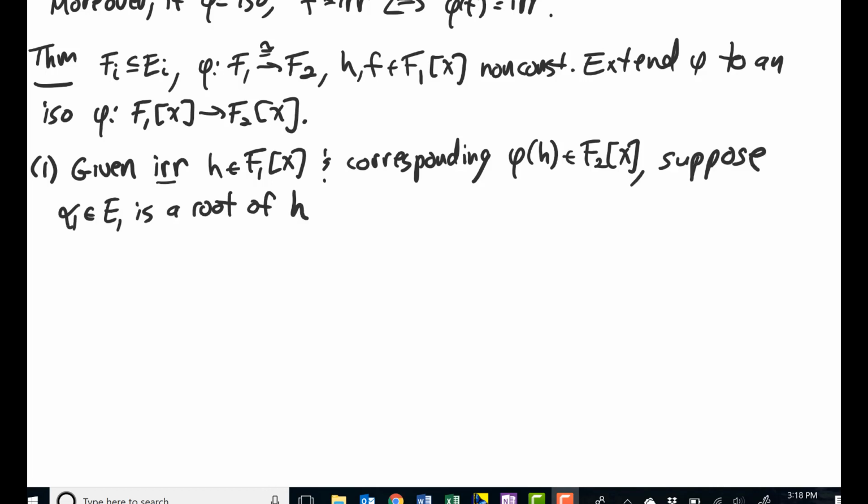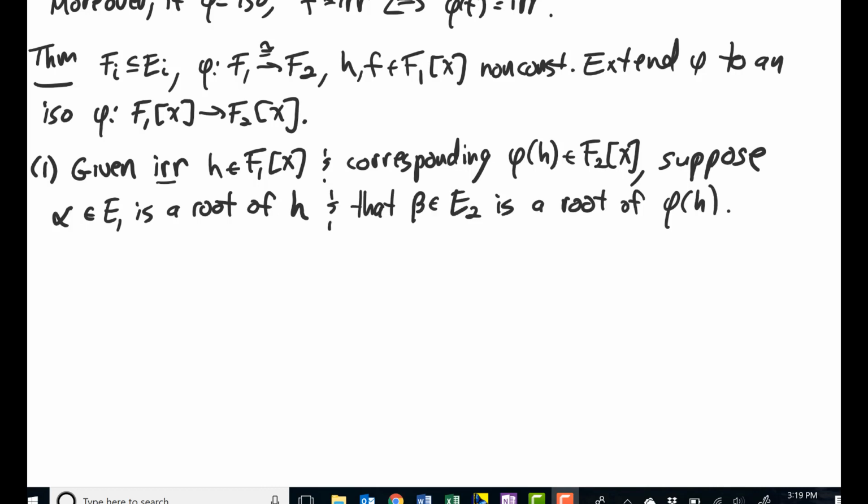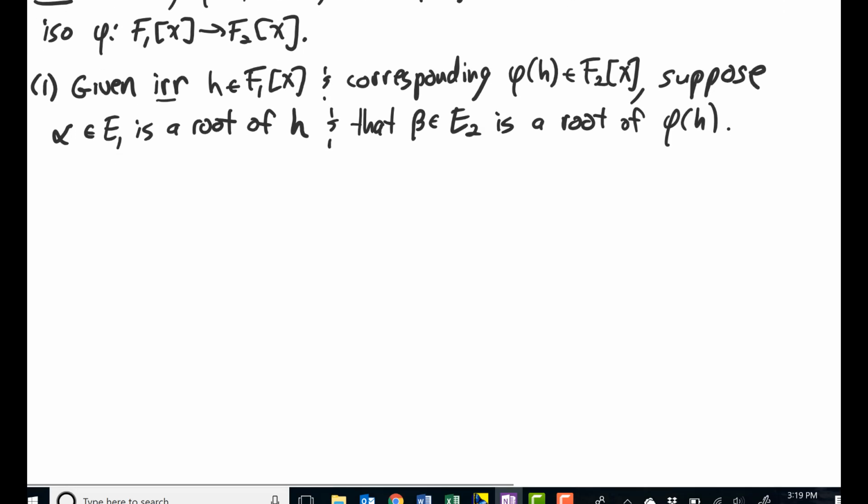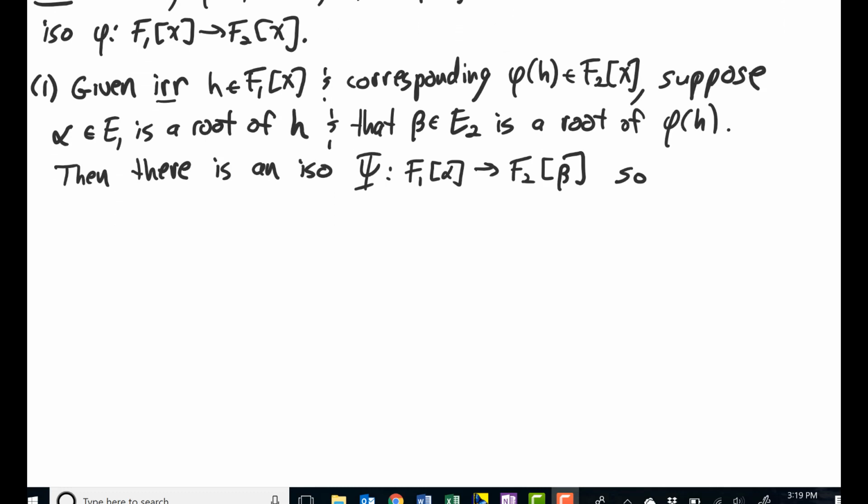And we're also going to assume that there is a root of phi of h in E2 called beta. All right, irreducible polynomials, supposing E1 has a root of the first and E2 has a root of the second. Then the point of part 1 is that it's going to give us an isomorphism, we'll call it psi, that goes from F1 attached alpha to F2 attached beta.